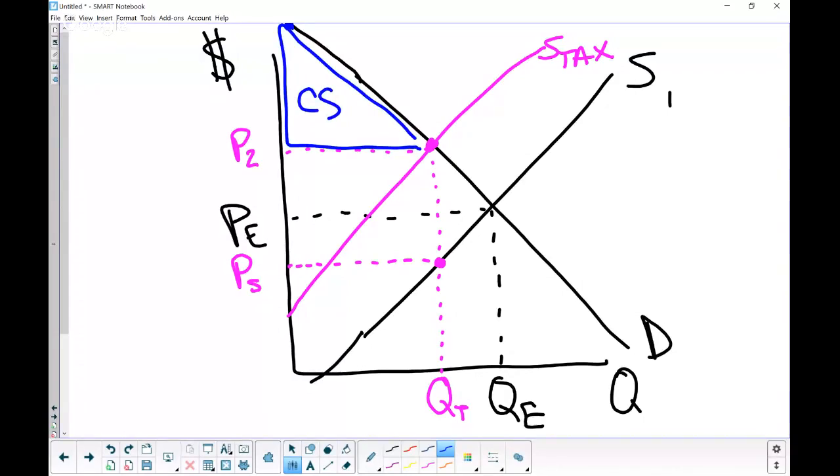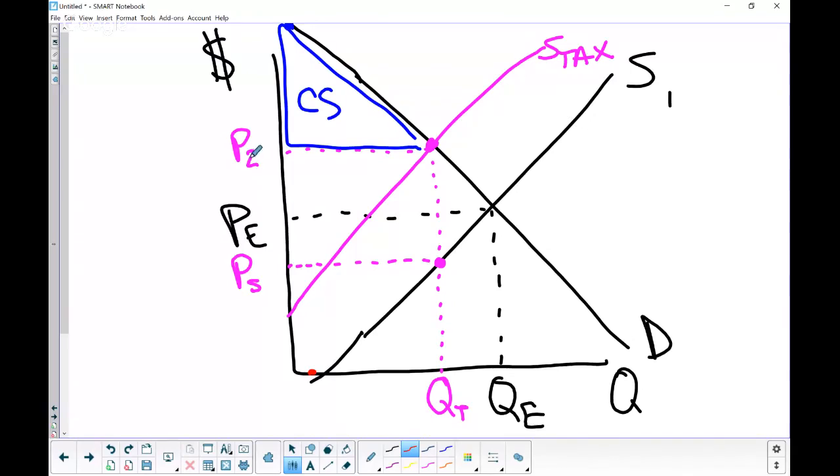Okay. And then we got to figure out, okay, well, this producer, we have to go back to the original supply curve because this isn't the firm. This curve is not the firm. The firm is here. The firm is the one that still wants to produce at this line. Unfortunately, the government stepped in and said, well, this is where you're going to produce. So this person here was willing to sell it for that price, and they sold it for this price.